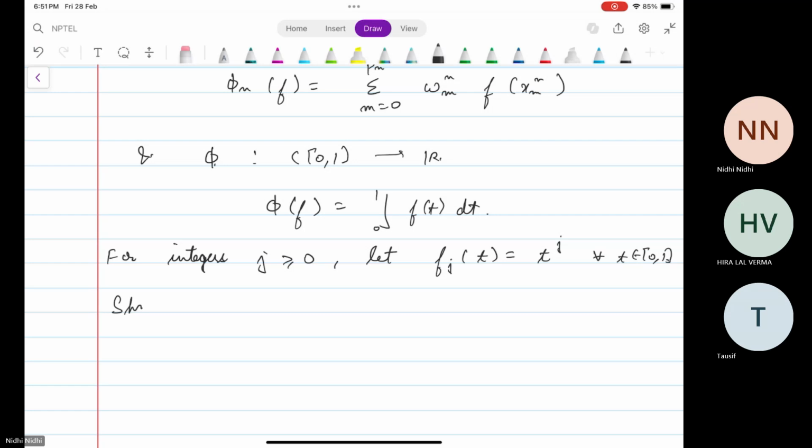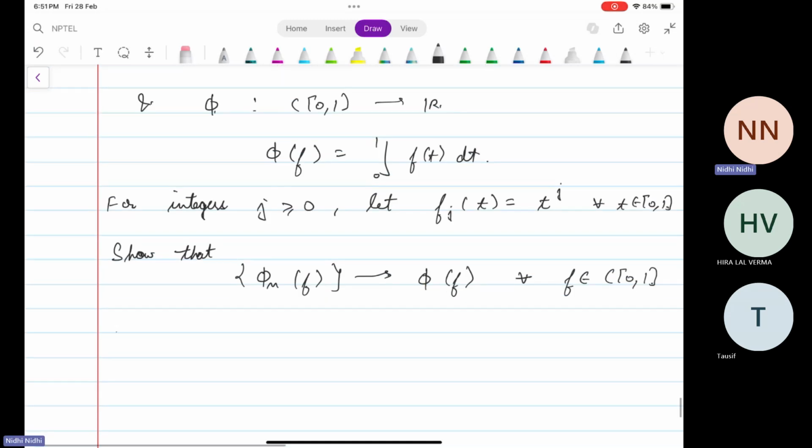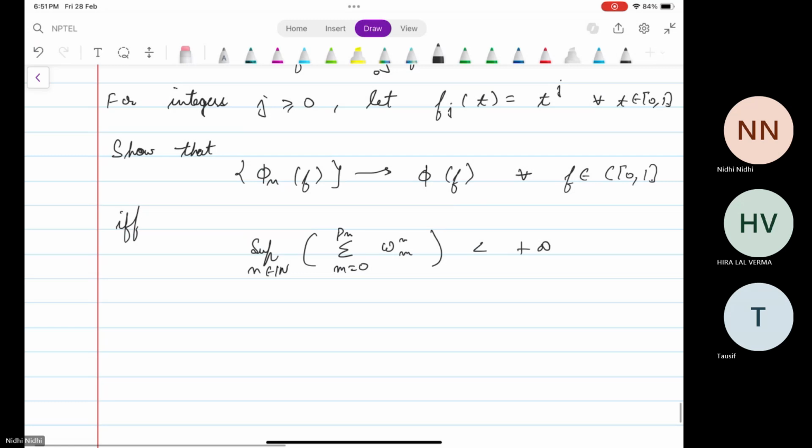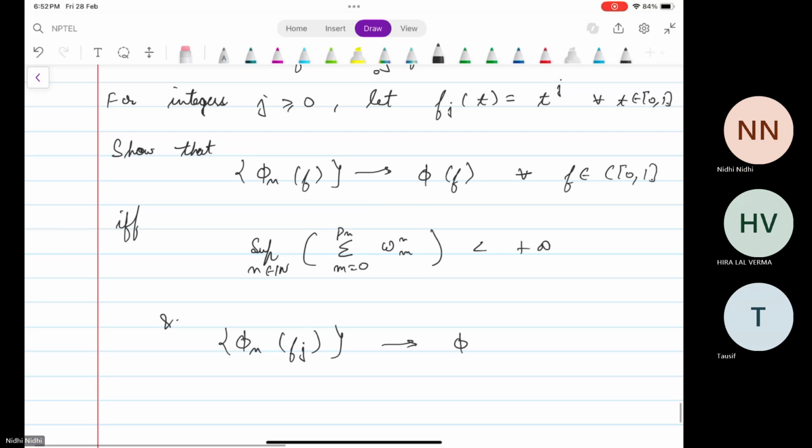Show that phi_n(f) converges to phi(f) for every f belonging to C[0,1] if and only if the following two conditions hold: supremum over n in N of summation m from 0 to P_n of w_mn is finite, and phi_n(f_j) converges to phi(f_j) for every j positive.